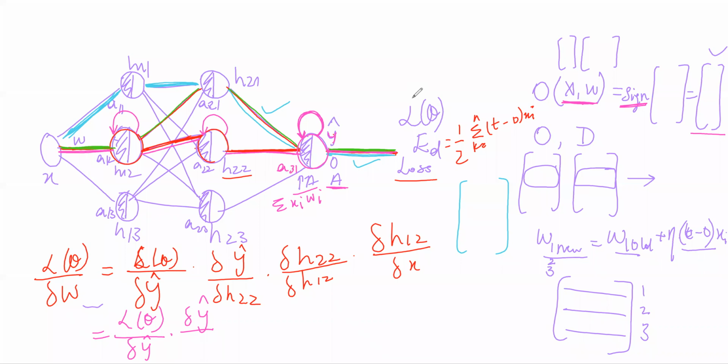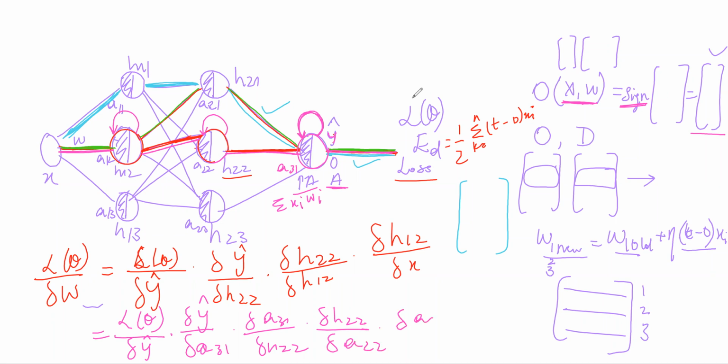I'll write activation as ∂A31. From ∂A31, that is the pre-activation, I'll go towards ∂H22 till here, okay. Then again from ∂H22, the activation function that I'm performing is ∂A22.